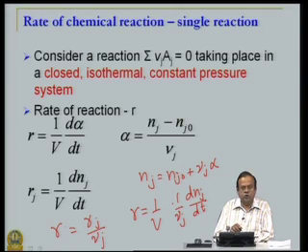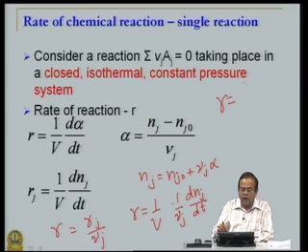A few things before we stop for the day. Alpha, remember, always starts with 0 and is always positive. So, d alpha dt is always positive, or in other words R is always positive, at best it can be 0. But nu j can be positive or negative depending upon the stoichiometry, whether it is a reactant or product.